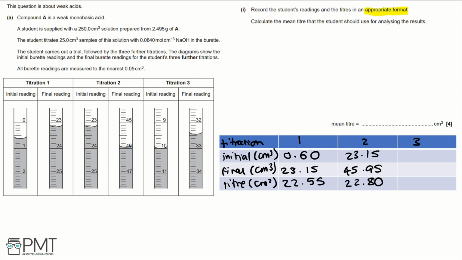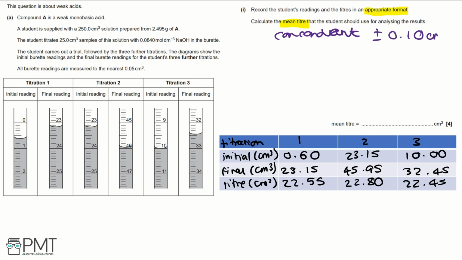Titration 3, the initial reading is 10.00, 2 decimal places, and then the final reading is 32.45, making its titer 22.45. Next key piece of information is that we're looking for a mean titer. When working out a mean titer, you look for concordant results, and that is plus minus 0.10 centimeters cubed.